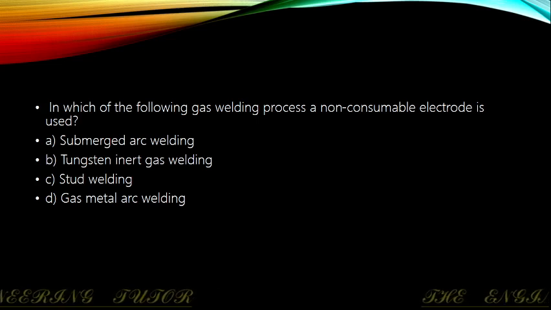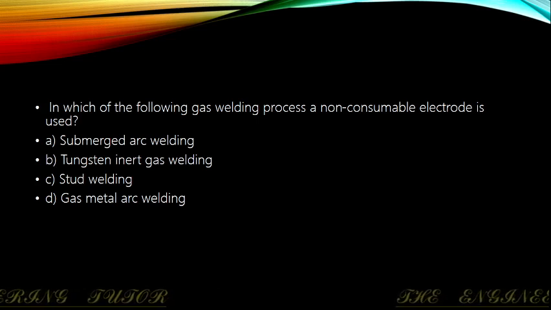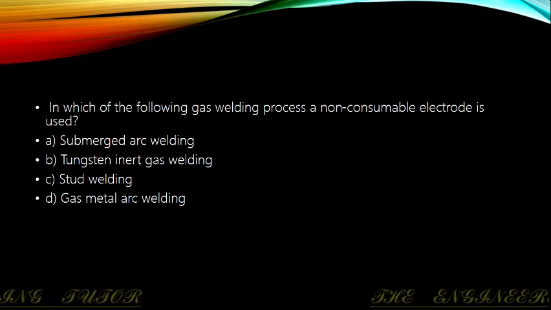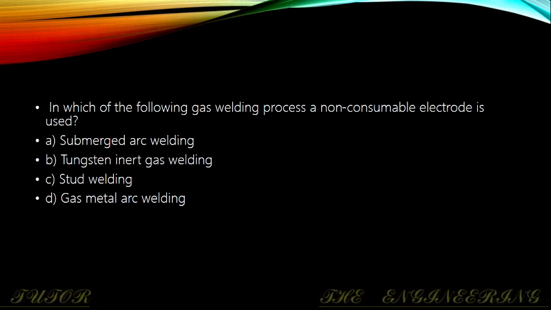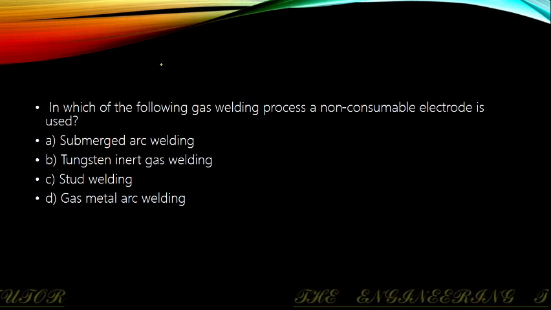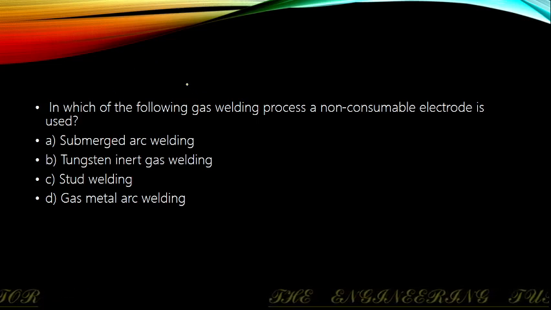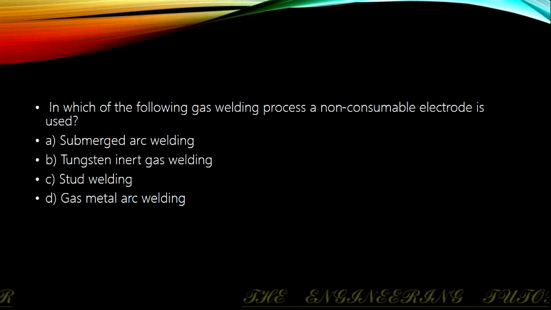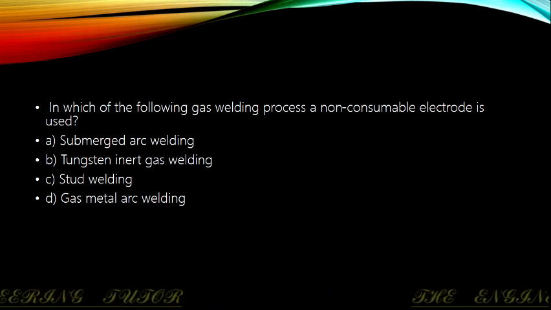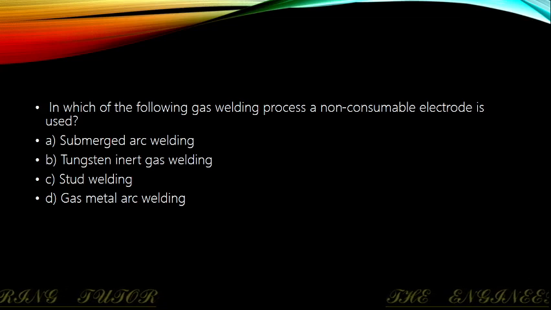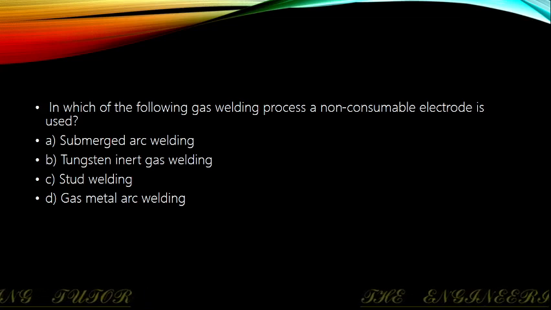In which of the following welding processes is a non-consumable electrode used? Normally, most gas welding processes use a consumable electrode.